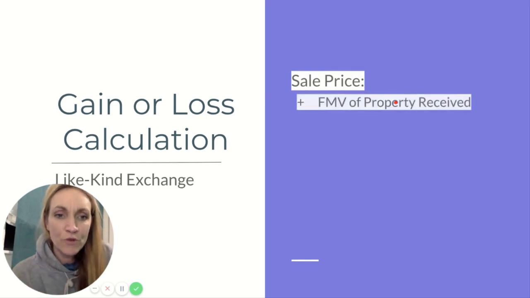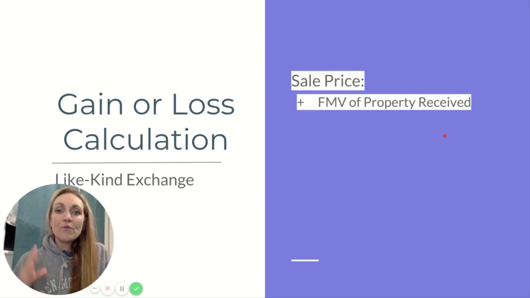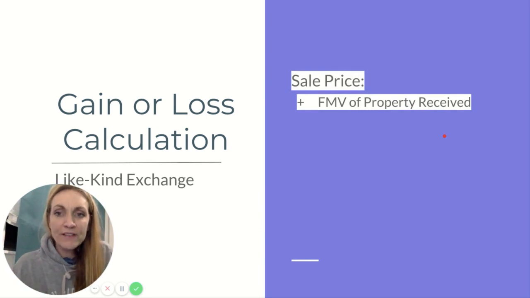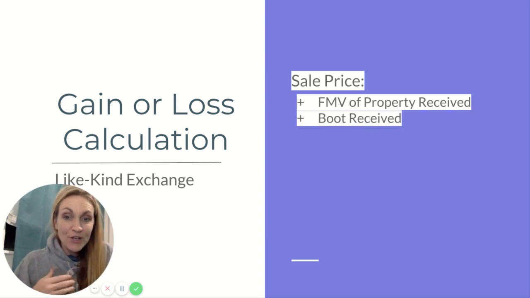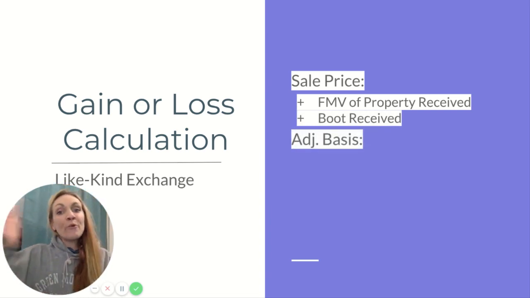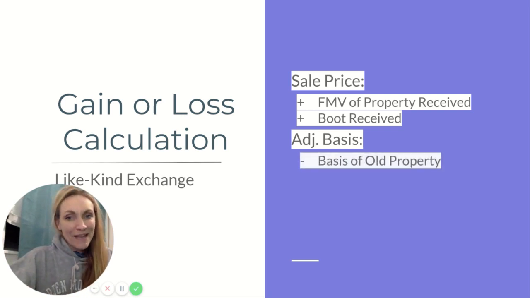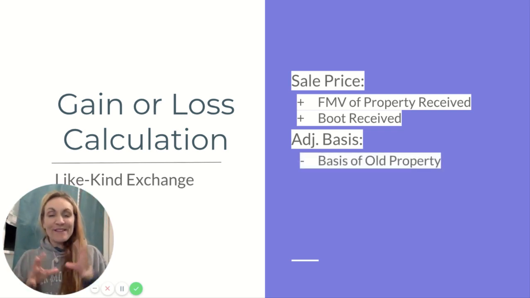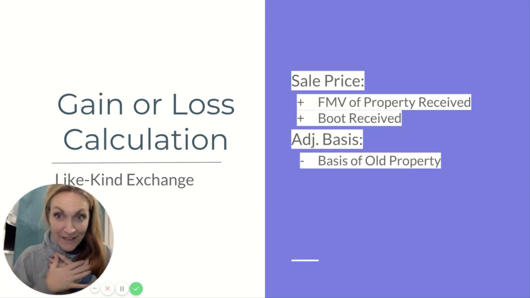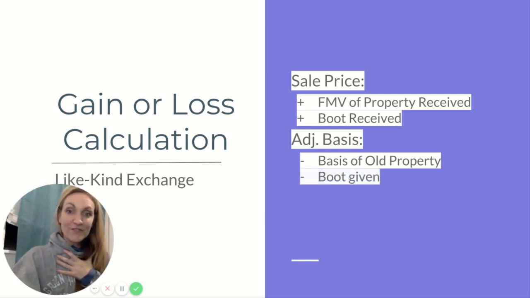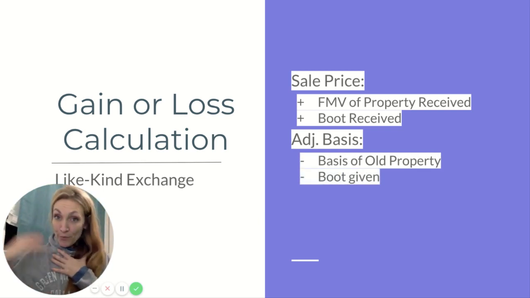So this is a little more detail than that step 1 on the last slide. When we're calculating the sale price, we start with the fair market value of the property we received. We add any boot received. And then we subtract out our adjusted basis, which starts with the basis of our property that we gave up in the exchange, minus any boot we gave.